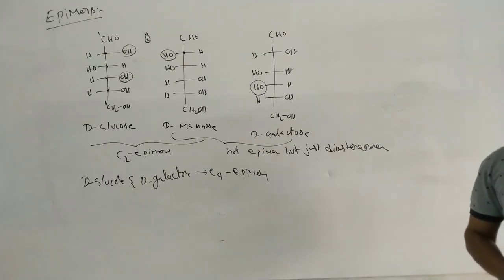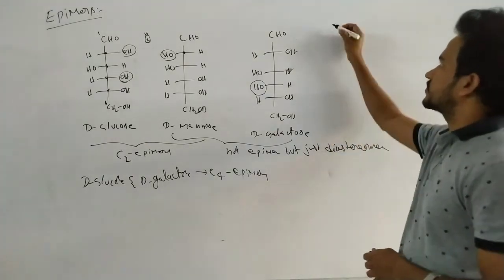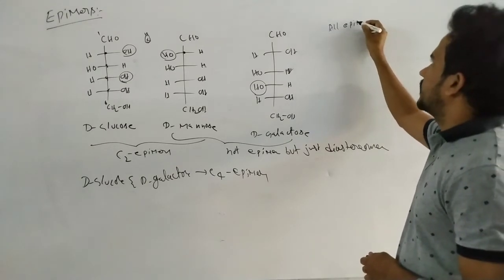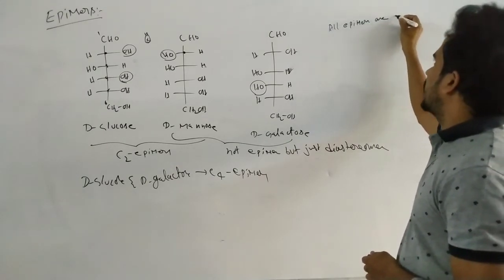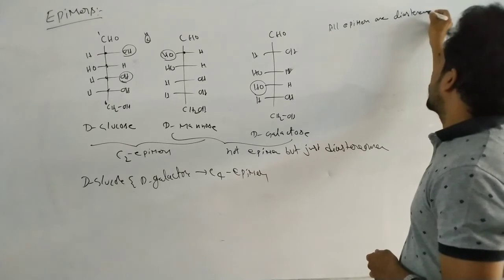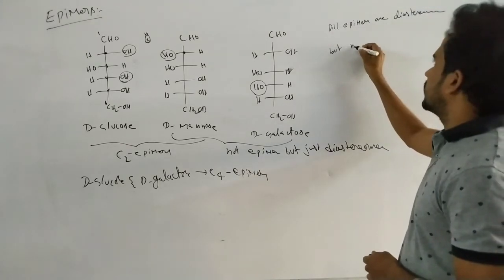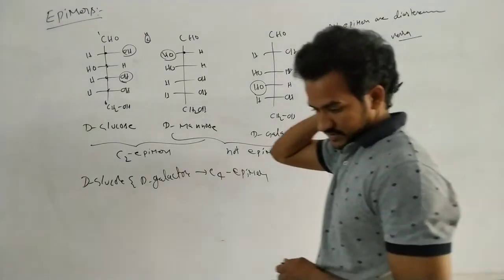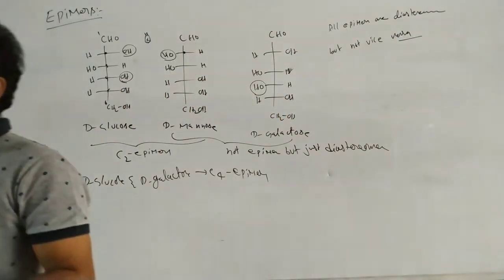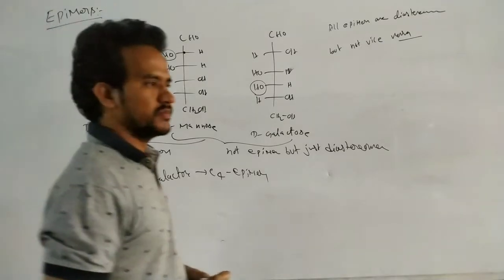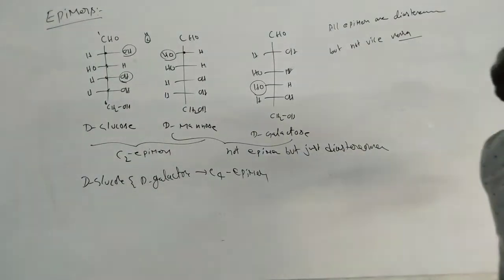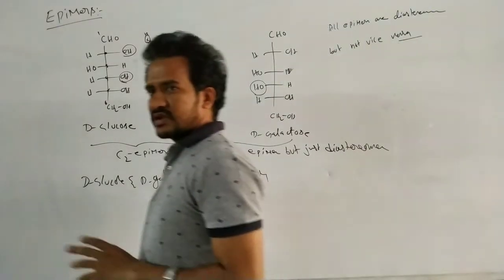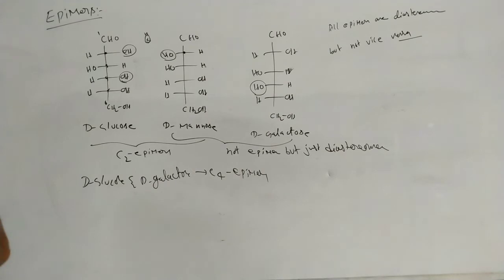So here we can say all epimers are diastereomers, but not vice versa. That means all diastereomers are not epimers. Okay, that's it. Epimers means only different configuration at the one chiral carbon. They are also non-mirror images.